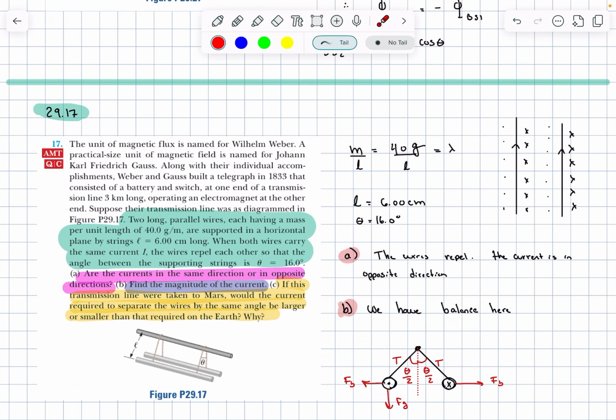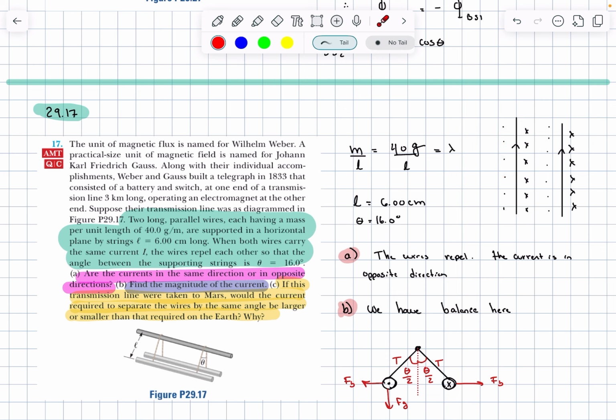Well, if we look at wires with currents going in the same direction, we see this. The right-hand rule says if you point your thumb in the direction of the current and wrap around your fingers, like forming a fist, your fingers make a loop motion. So this is where the magnetic field is coming out and the magnetic field is coming in.